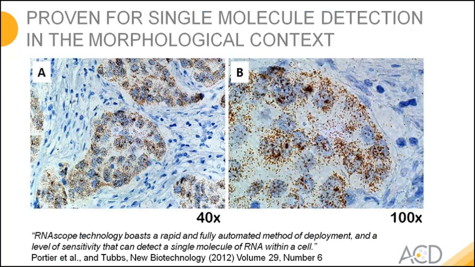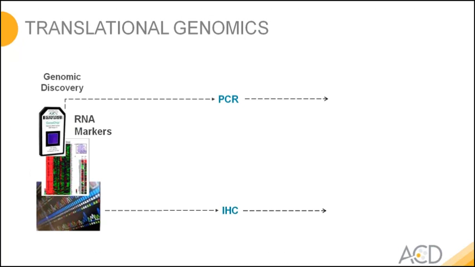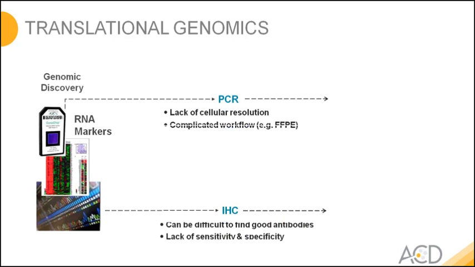Now, why is it important to have something that can look at RNA markers? As you know, the majority of markers we look at today are derived from gene expression profiling. So they come from either microarrays or nowadays from next-gen sequencing. And then you come up with a lot of potential candidate markers for certain questions, and you need to validate.